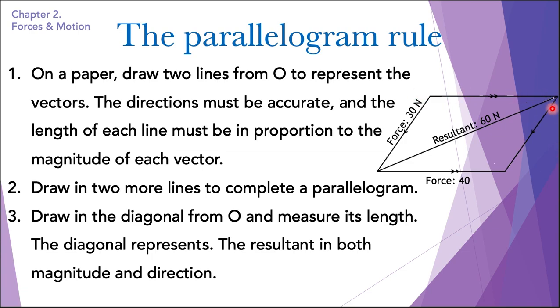We draw a diagonal line from O and measure its length. The diagonal will represent the resultant in both magnitude and direction. So if the direction of the 30 Newton force is this and the 40 Newton force is this, the resultant force direction would be this.